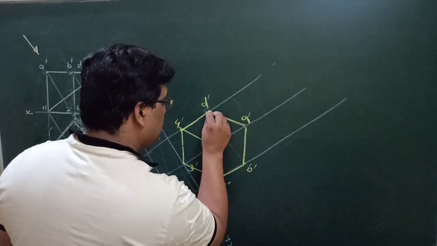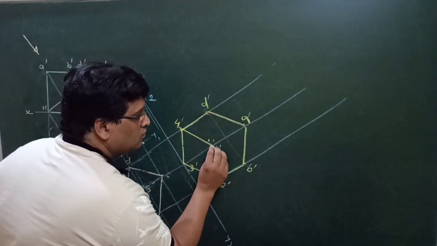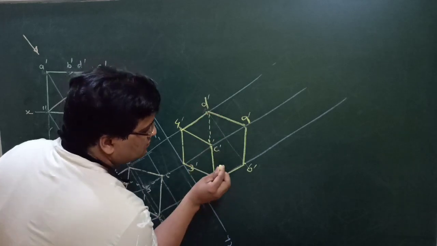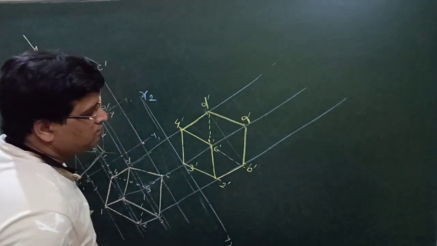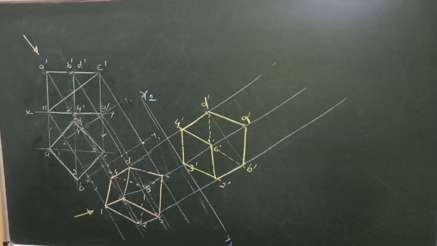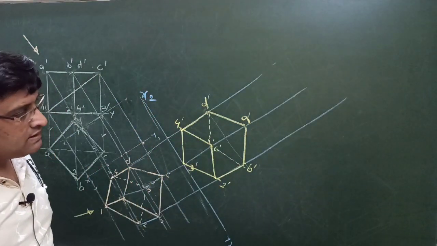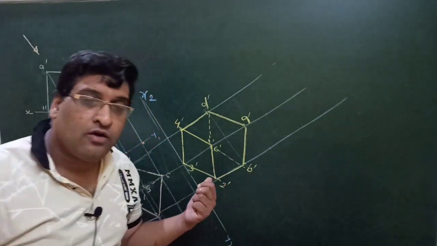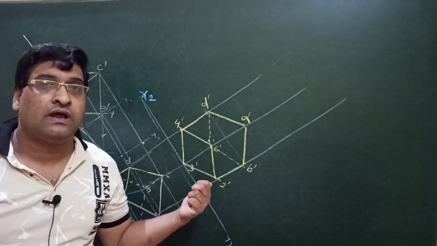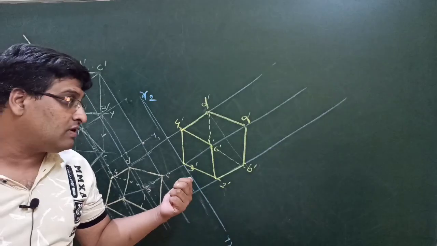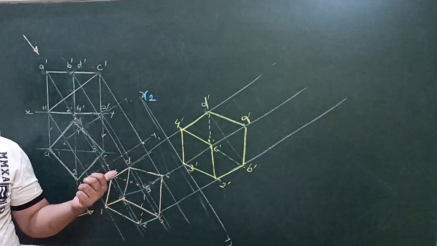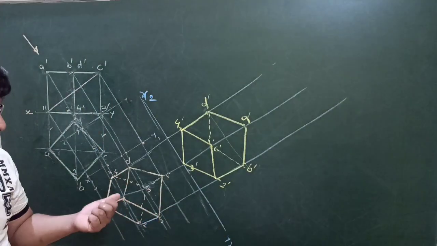So these lines from D to this one and from here to here, these two lines will be hidden, and in this manner this complete diagram will be drawn, right? And as I already told you, this is the basis for isometric projections. We will talk about it later on when we will complete the topic isometric projection.